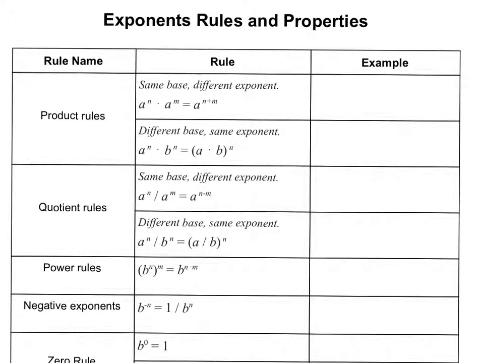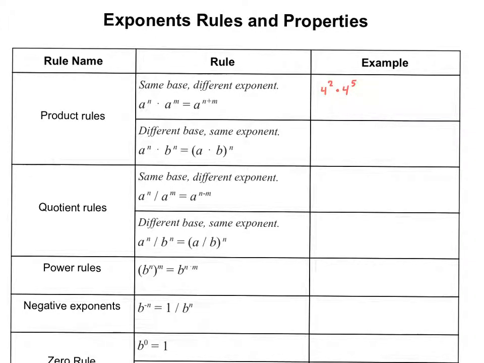We have 4 to the second power times 4 to the fifth power. Okay, if we follow the example, it says that if they have the same base, we add the exponents. Yes, a base of 4, a base of 4, the exponent is 2 and 5.